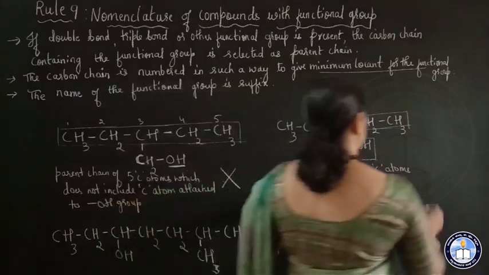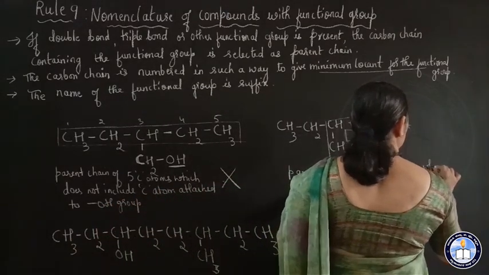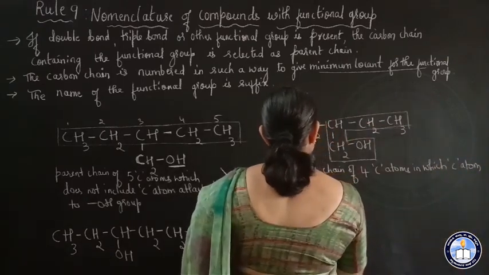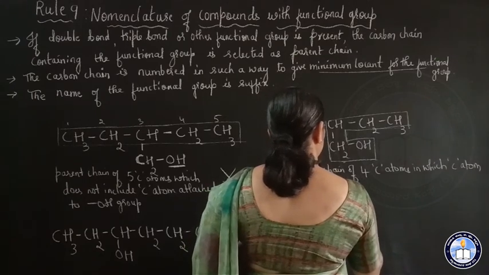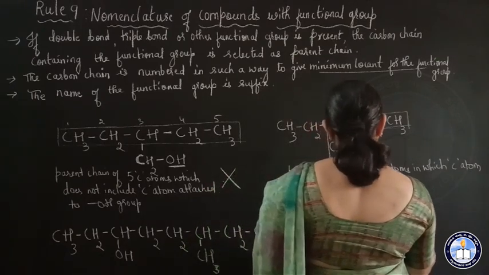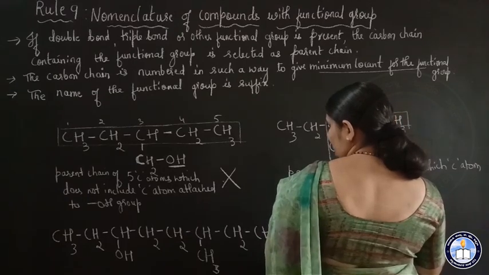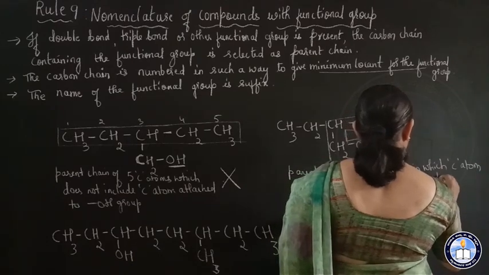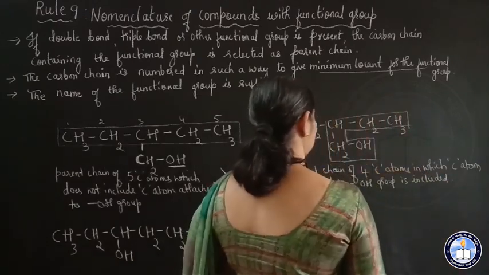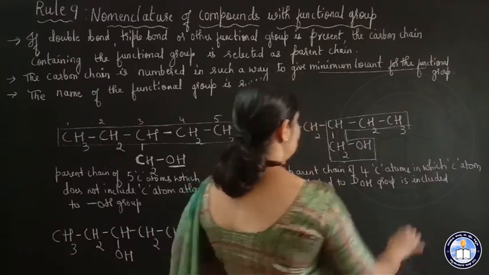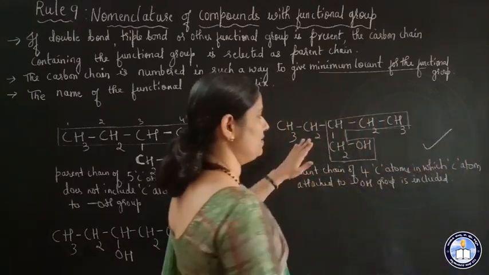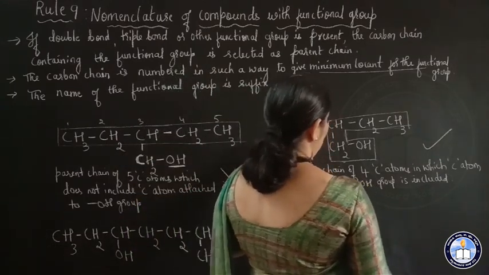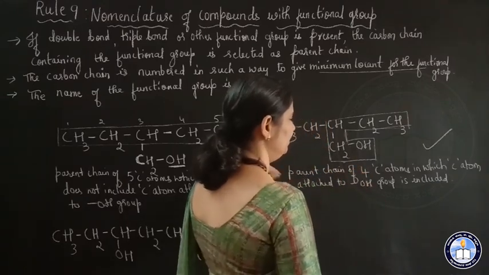This is the parent chain of 4 carbon atoms in which the carbon atom attached to the OH group is included. Right? So this is the correct way of selecting the parent chain.